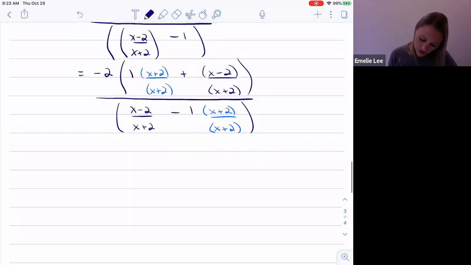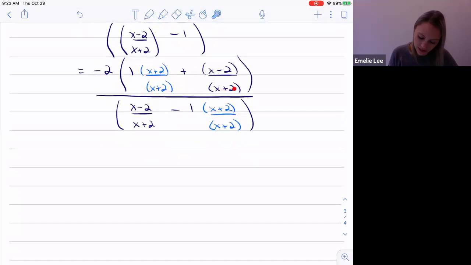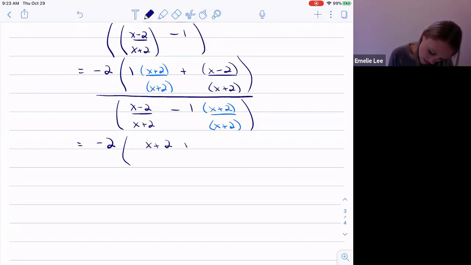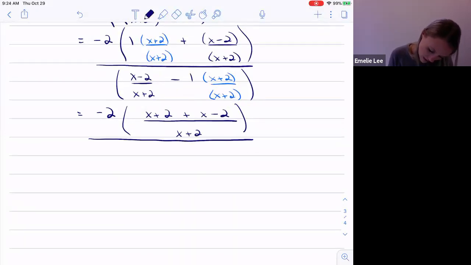All right, so now I can simplify. I can write this over the common denominator and I can simplify the numerator. And so I get negative 2 times x plus 2 plus x minus 2 all over x plus 2, divided by x minus 2, and then I have to be really careful because I'm bringing in a negative 1, right?